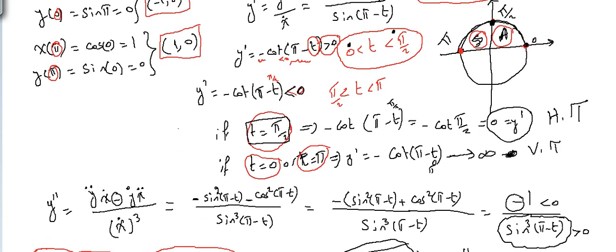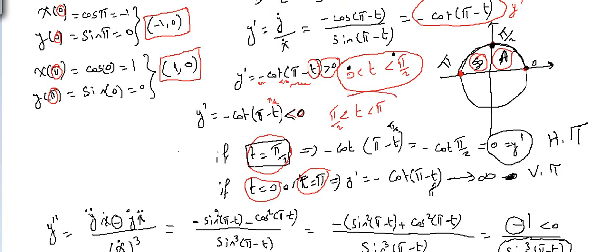And from t pi over 2 to t pi, the derivative was negative, so it is a decreasing function. That's correct. It's going downwards. So it goes upwards first, and then it goes downwards, from left to right. And the concavity is downwards, right? So this is the figure. And this video also is done.